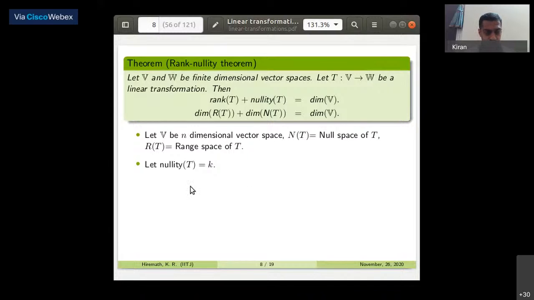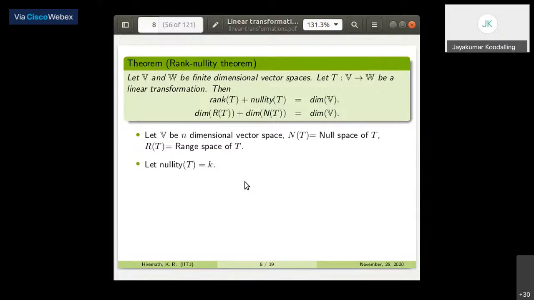Or what can I construct from this? If the null space of T is k dimensional, it means what? There are k vectors which map to 0.